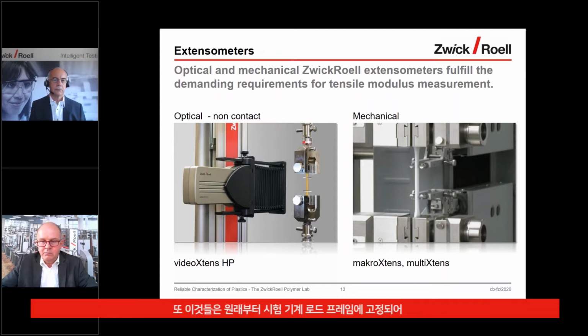They are rigidly mounted to the test machine load frame, and they do not need to be removed before the specimen breaks. So the reliability of test results is improved due to the automation and reduced operator manipulation. So these extensometers can easily be used to measure these 30% or more elongation.